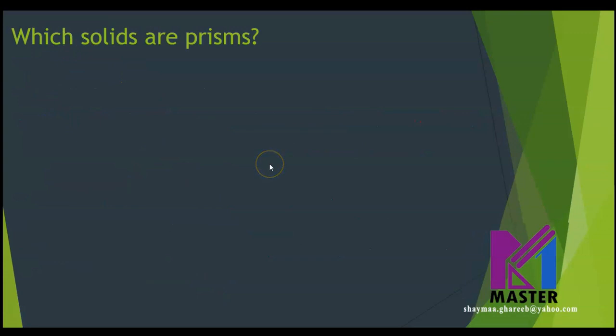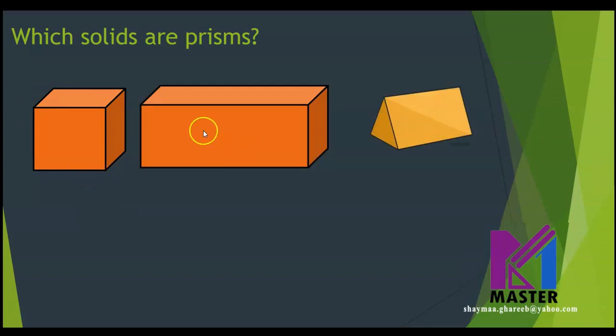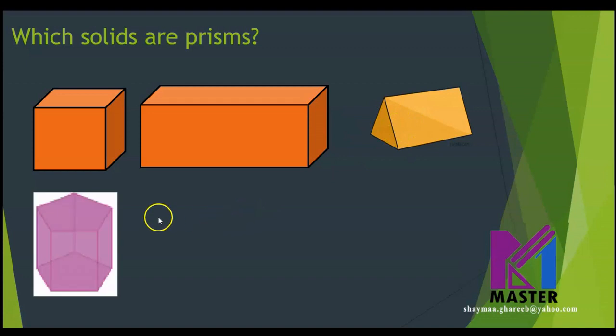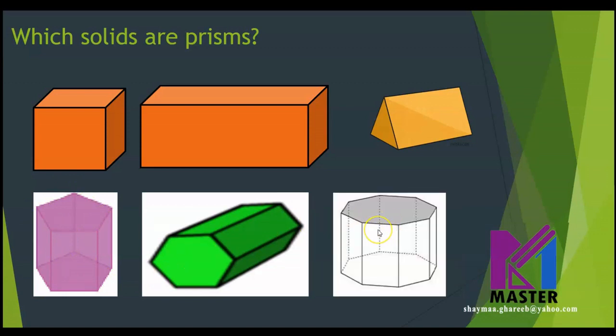Which solids are prisms, or which 3D shapes are prisms? The cube is a prism. The cuboid or the rectangular prism is a prism. And the triangular prism, as you can see, we also have a pentagonal prism and hexagonal prism and octagonal prism.